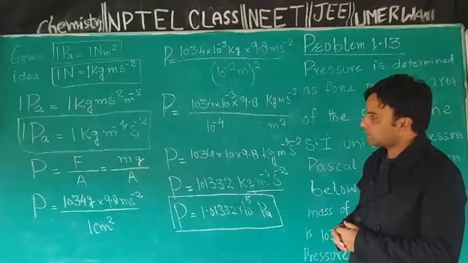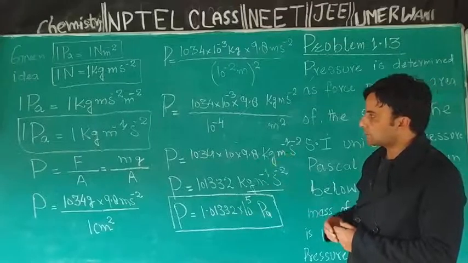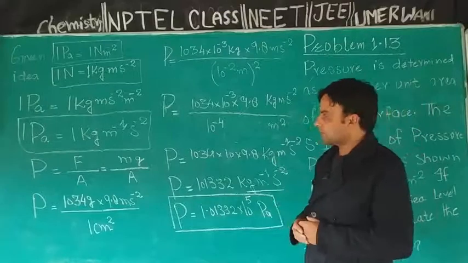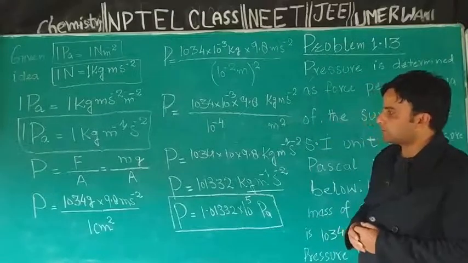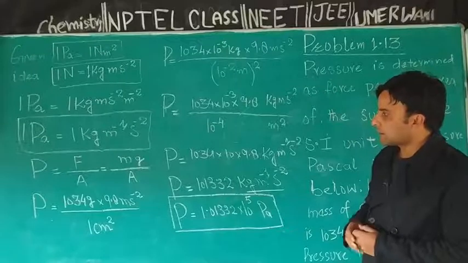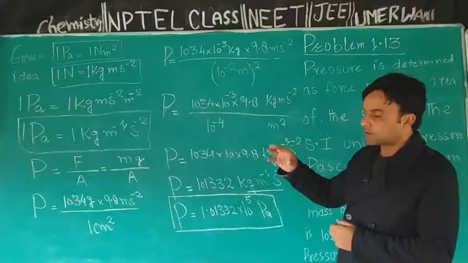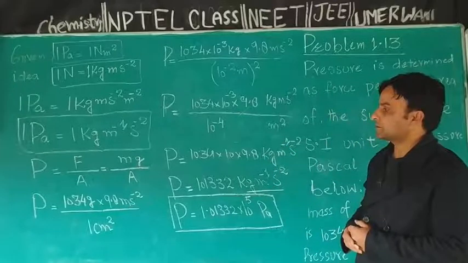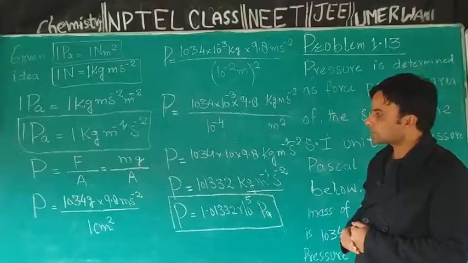Mass of air was given, I substituted the value in grams. Acceleration due to gravity, you need to know its value, it is constant 9.8 meter per second square, and for area, because mass was given per centimeter square, I substituted 1 centimeter square.